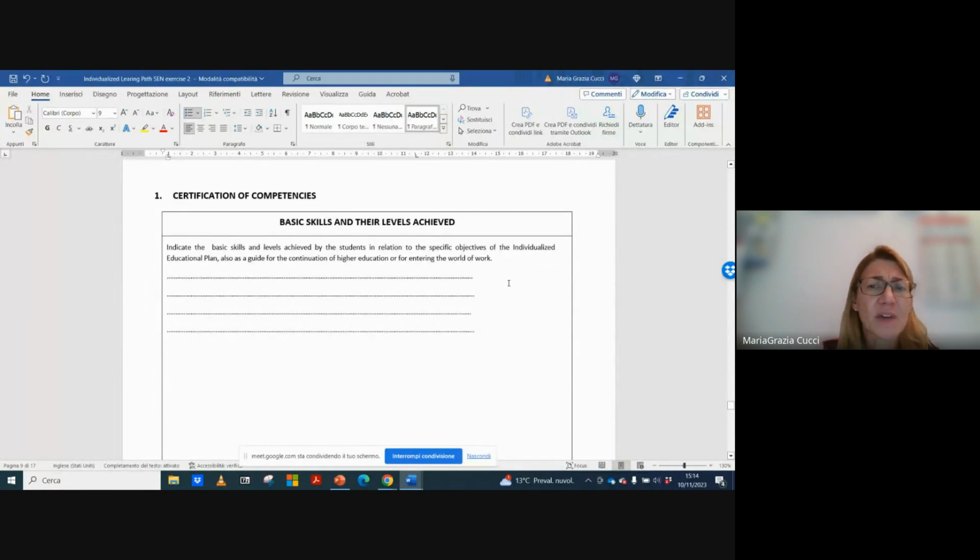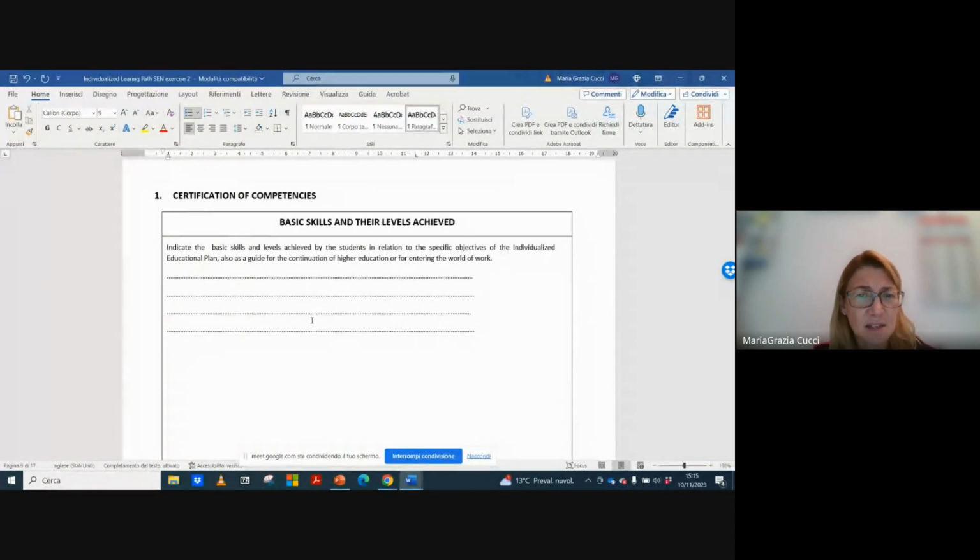And then this very last part of the document is the certification of competencies. At the end of all the path, what are the competencies that the student achieved? We can make a difference on that. We have basic skills that must be achieved.